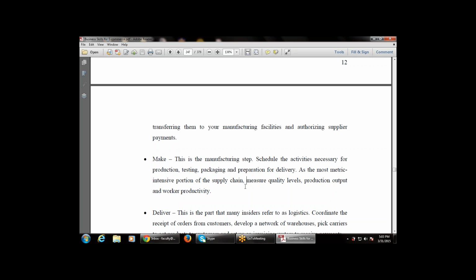That is, scheduling the activities that are necessary for production. So that is the making process or making step.